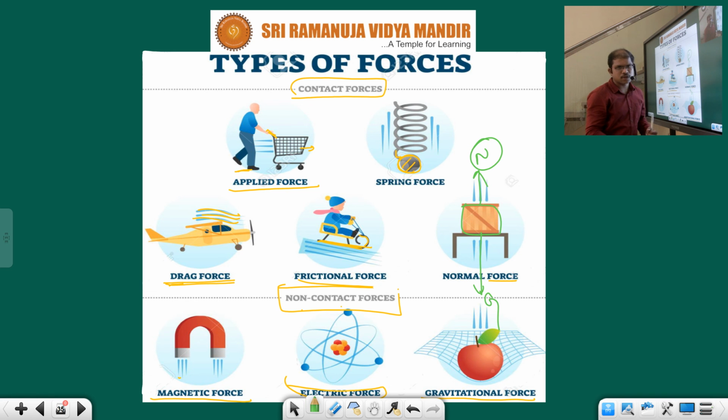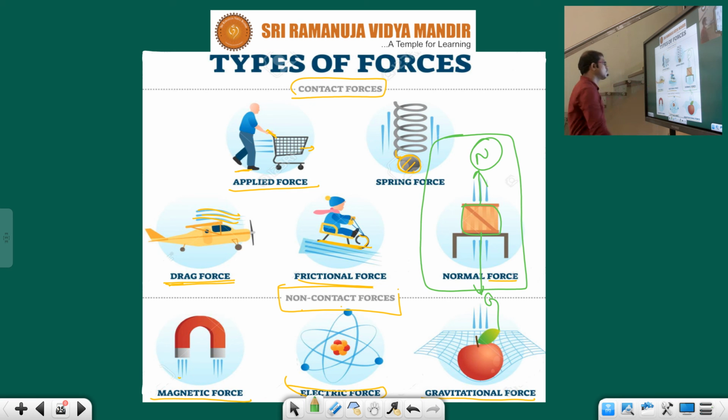Every item which is placed on that will hit the floor, they will fall down. But instead of that, what the dining table is doing? It is protecting those items which are kept. Means the table is acting opposite force for the gravitational force. In detail I will explain in our upcoming classes children regarding this normal force.